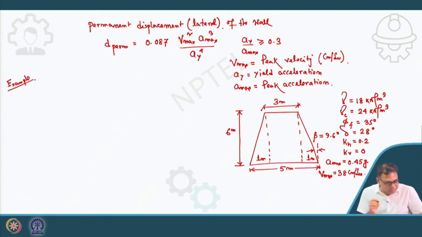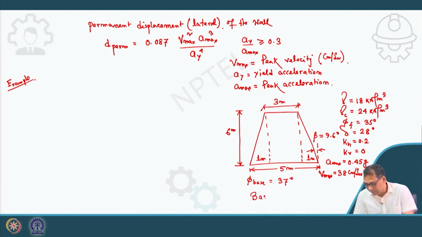Now calculate what will be the displacement of this wall, lateral displacement. Okay. Now the phi base for base soil, this is base soil, that is 37 degree. Okay. Base soil, and this one is also 0. So this is the fill soil, or backfill.